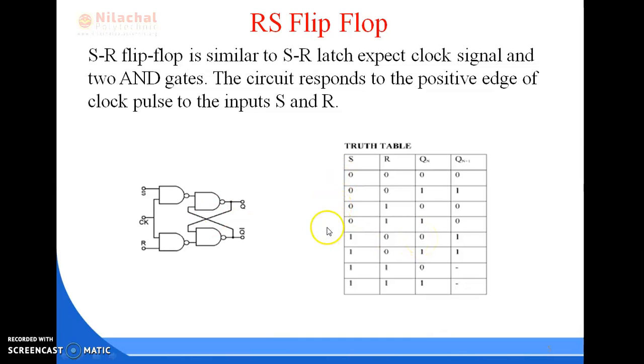The last condition is when S equals 1 and R equals 1, then both the outputs tend to be at the same level, which is a not allowed or invalid condition. So for this combination, Qn plus 1 is an invalid condition.